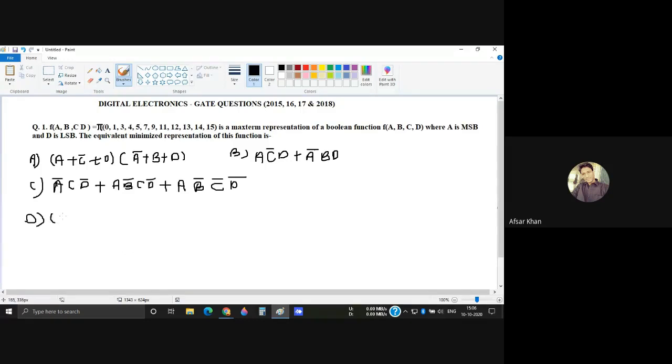Option D is A plus C bar plus D, then A plus B bar plus C bar plus D, A plus C bar plus D. Last, A bar plus B plus C plus D. Okay.